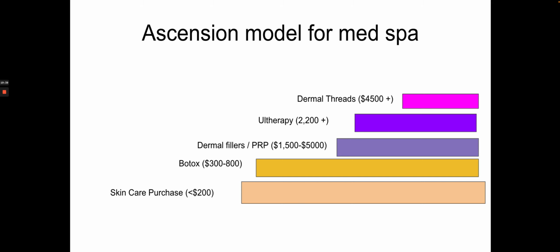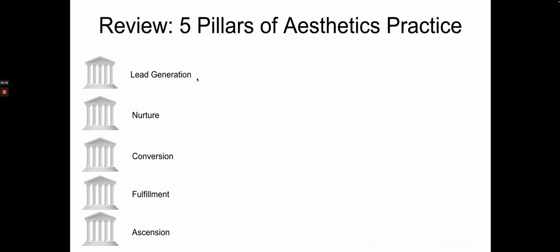So to quickly review, there's 5 pillars of any aesthetic practice that you've got to build in, and it's really of any medical practice. The lead generation, getting somebody to raise their hand and say, hey, they're interested. Nurture, where you educate them and entertain them, letting them get to know you and what you're about. Conversion, where you talk to them, give them a plan, then they convert and become a customer or a patient of yours.